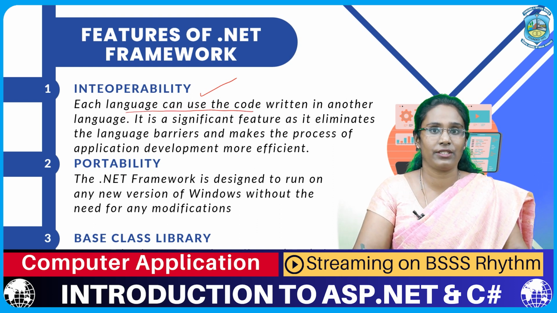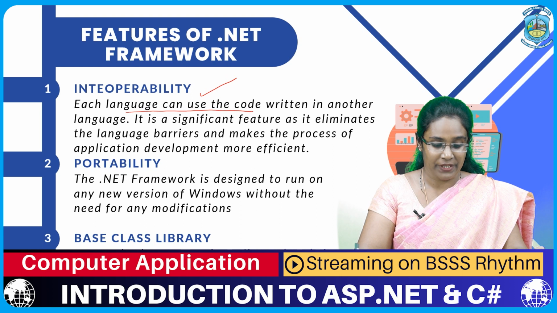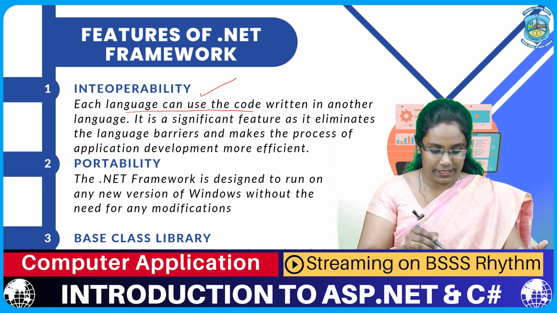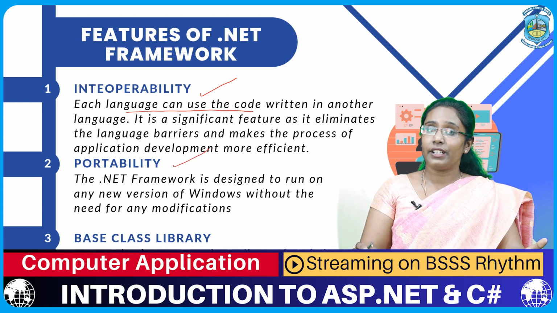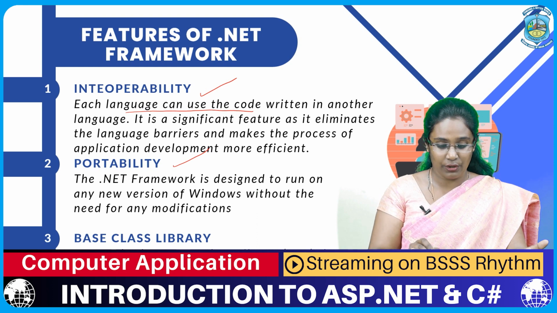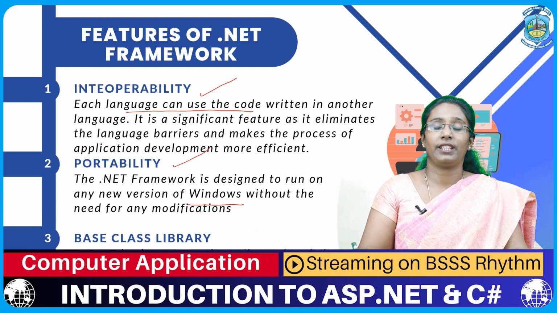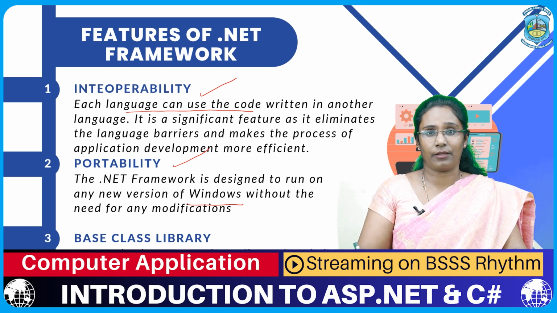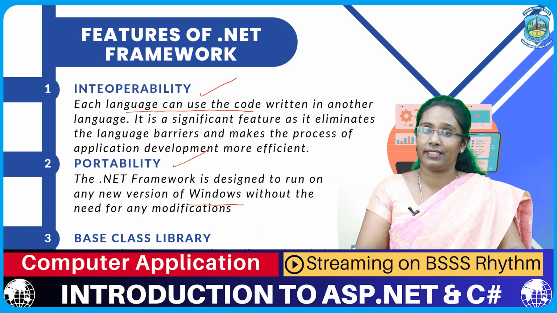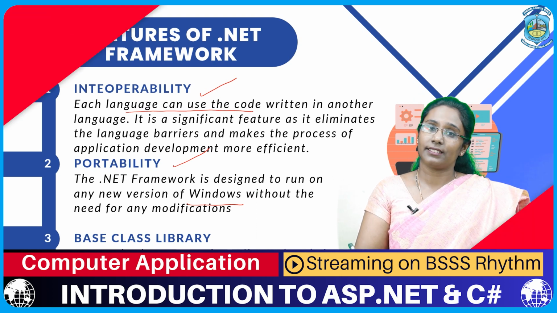This is the first feature of the .NET framework. Second, portability. The .NET framework is designed to run on any new version of Windows. And also it supports any operating system, Windows, Mac, Linux, any operating system.